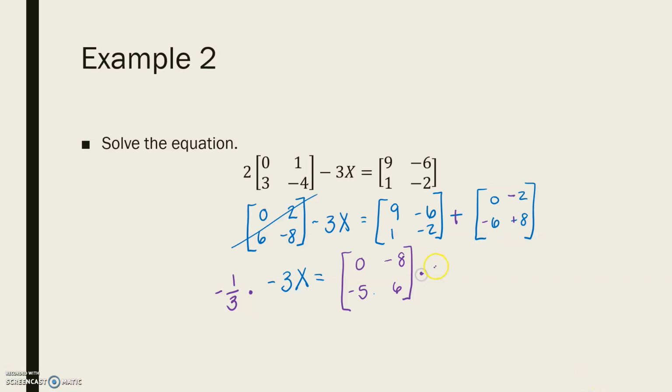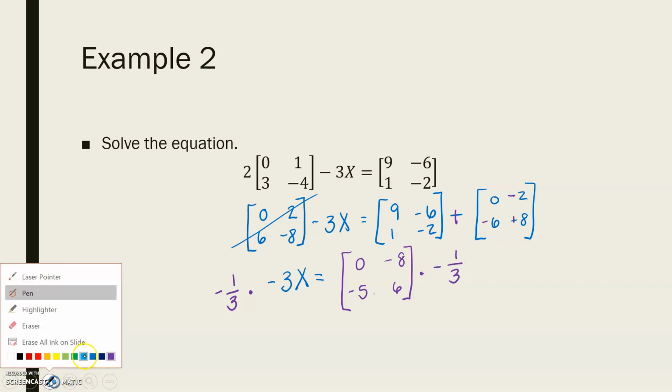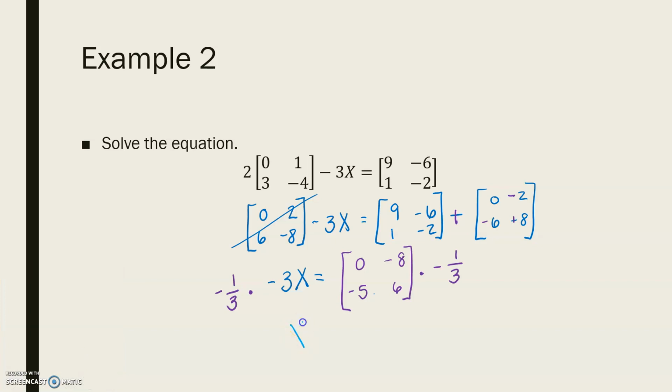So I'm going to multiply by -1/3 on both sides, and I'm going to get fractions. Everyone's favorite. X equals 0, positive 8/3, positive 5/3, and negative 2. And that would be my final answer.